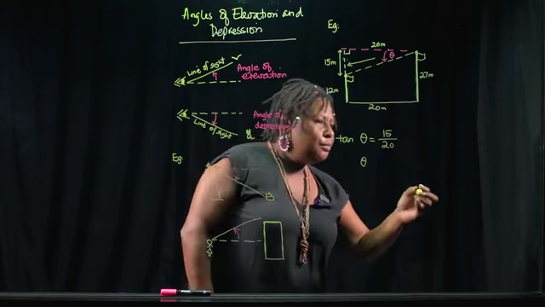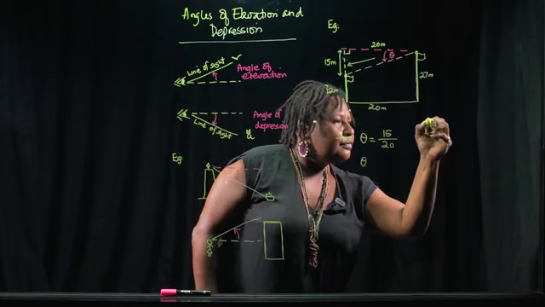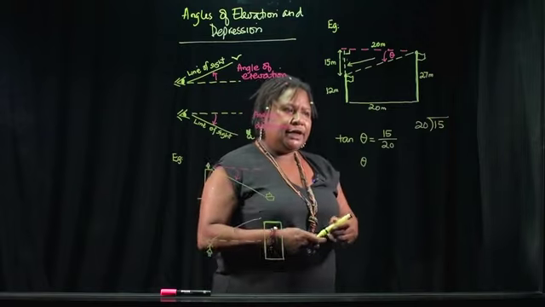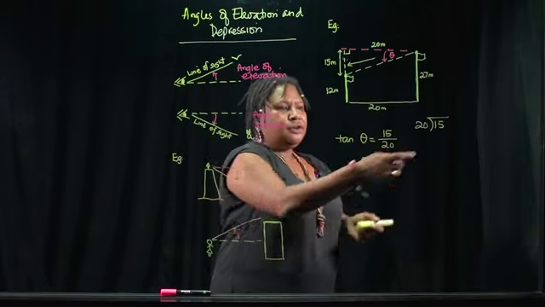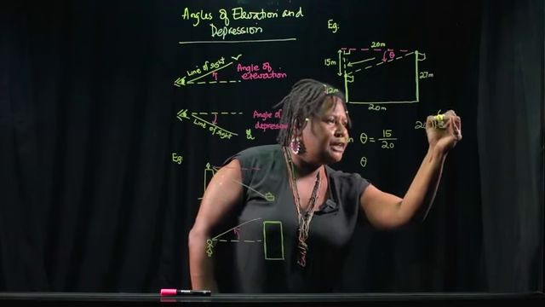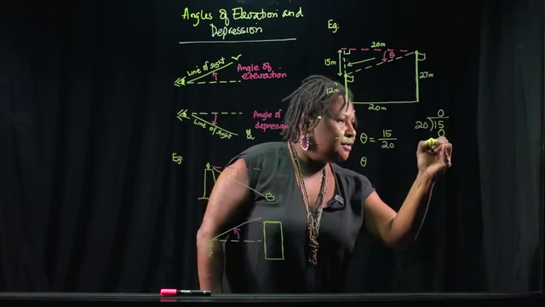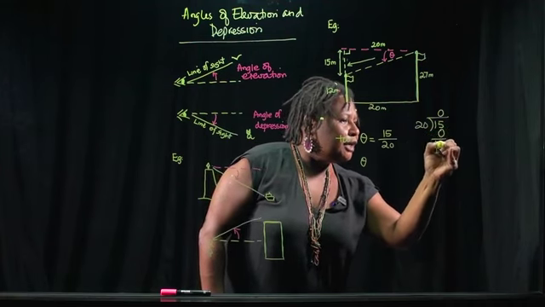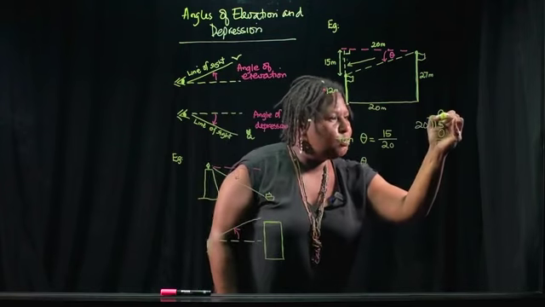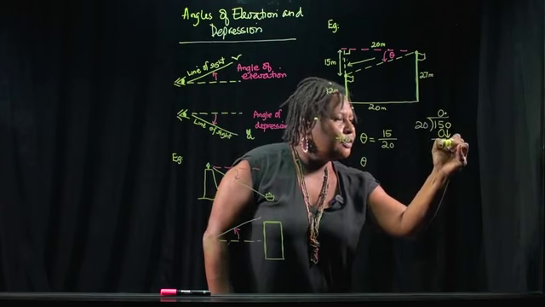So 15 divided by 20. 15 is less than 20, so we write 0 here first. 0 times 20 is 0. Bring down 15. Now we put our decimal point after the 0, and bring down a 0.